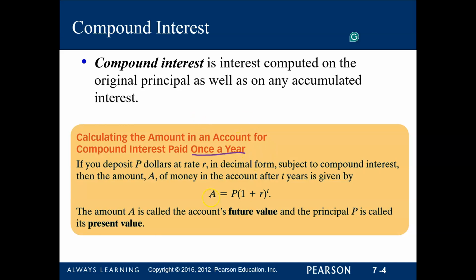So this is the formula if it is compounded once a year. The future value is equal to the principal times (1 plus r). T is not multiplied to r. T is now the exponent of the group (1 plus r). Okay? So we are still using the same variables in here.